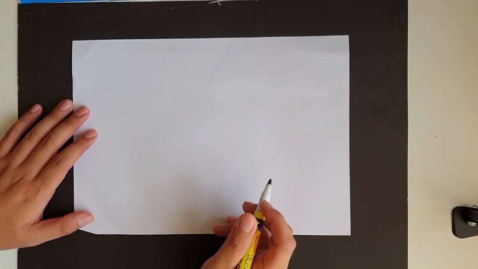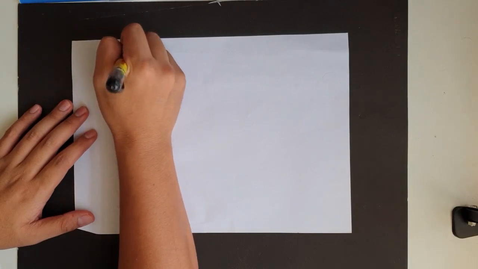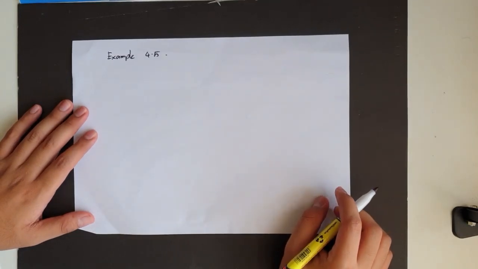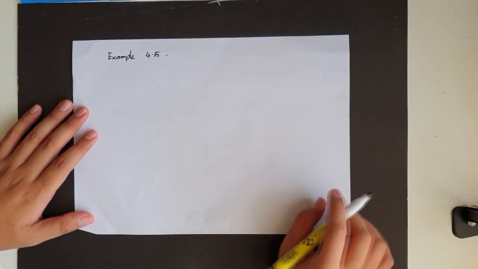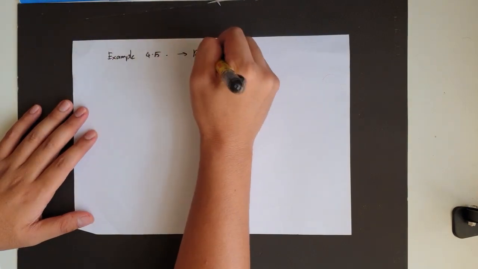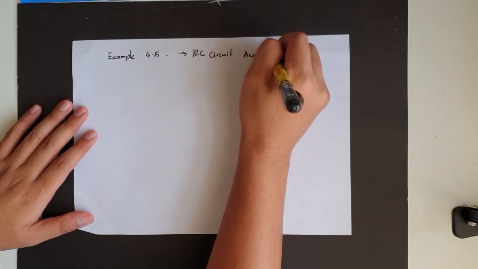Okay, hello guys, welcome back to example 4.5. For this example, we require the initial condition, and we use the RC circuit analysis.